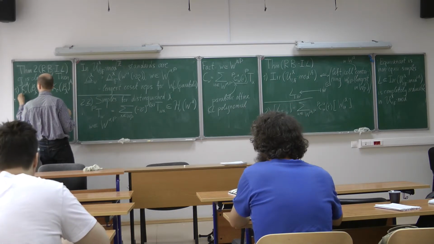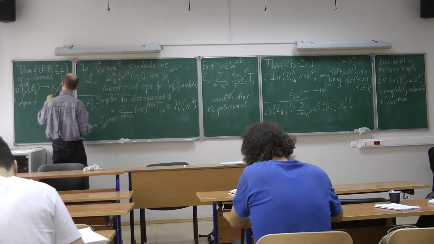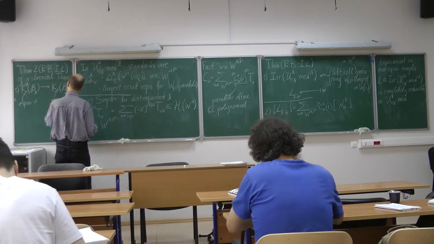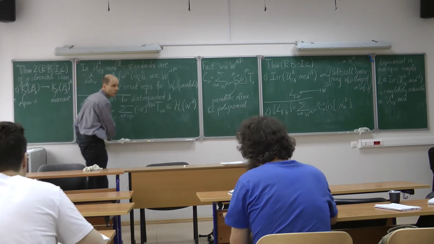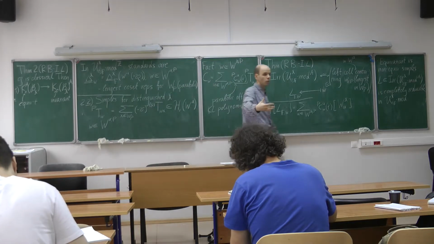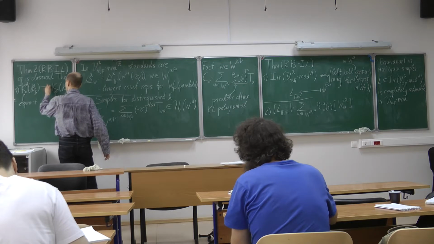So this is equivariant, and this is invariant. I just forget the equivariant structure on my sheaf. So if I do this, then this map is surjective.